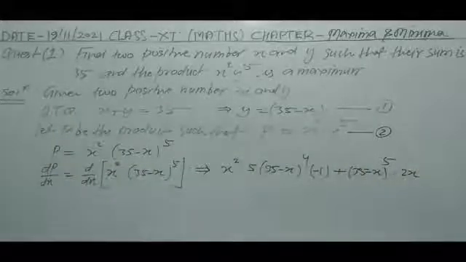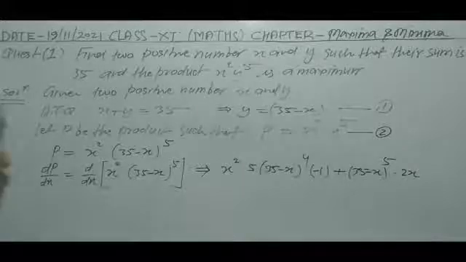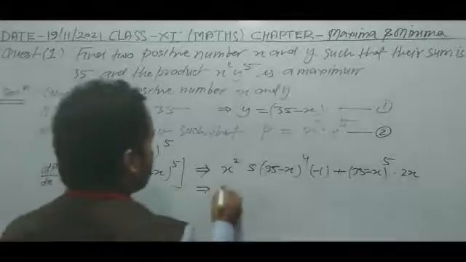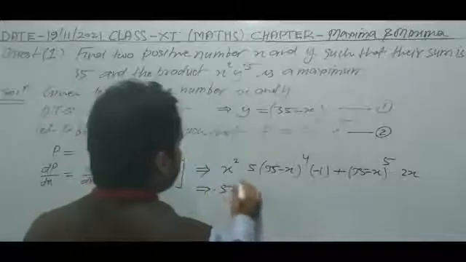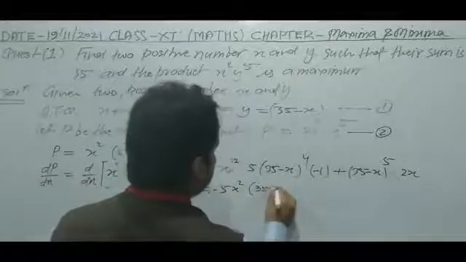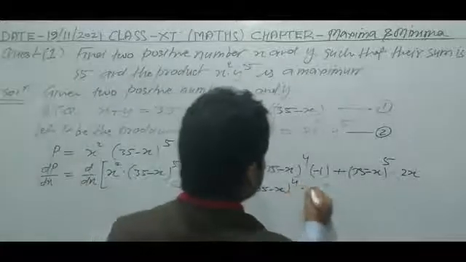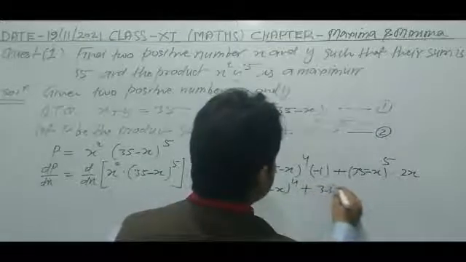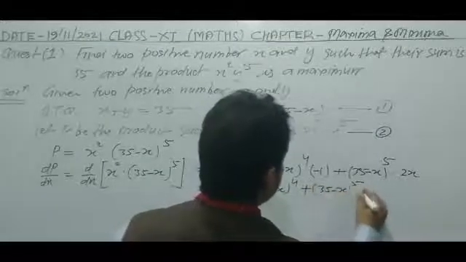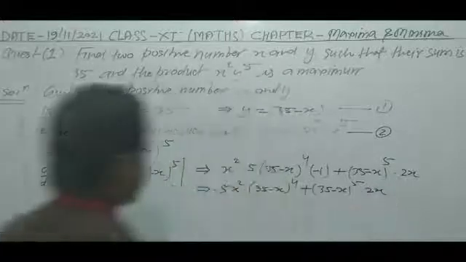Now see what the result will be. The result will be minus 5x square into (35 minus x) power 4, plus (35 minus x) power 5 into 2x.